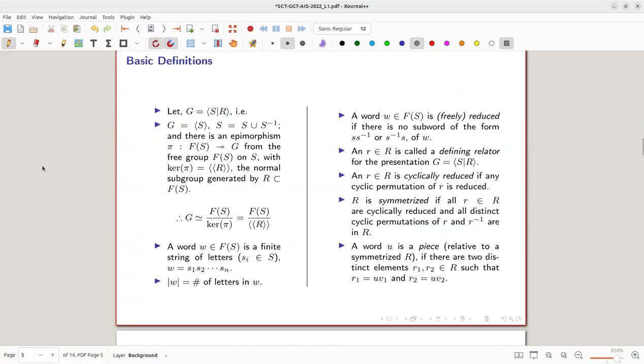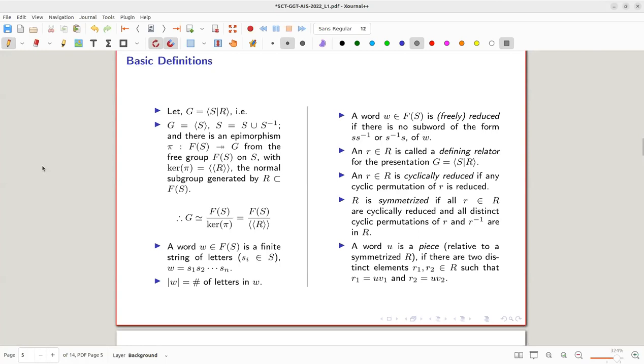Fine. So the basic definitions: we take G to have this presentation, where S is the generating set and R is the set of relators. S is a symmetric generating set, that is, we have all the generating letters with their inverses, and we have this mapping.